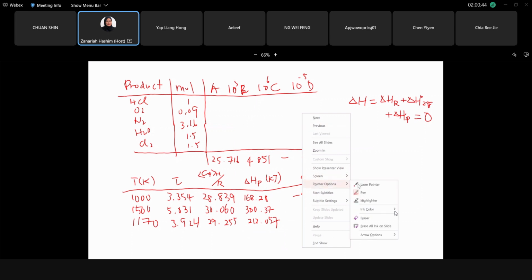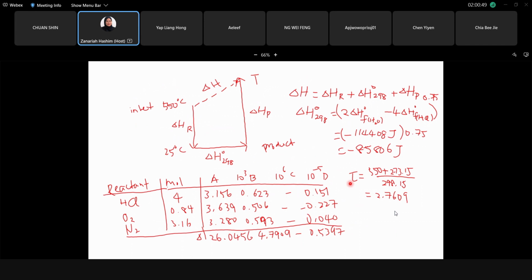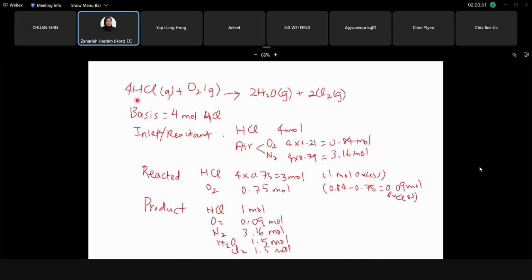Okay, so saya ulang balik. So for this type of question, first, you need to know what is your reaction, and then from your reaction, you get all the information, apa yang diberi dalam soalan, berapa persen reacted, and then berapa mole yang ada. You need to calculate the mole number of the inlet ataupun the reactant, and then how much reacted, and then also the outlet ataupun product stream.